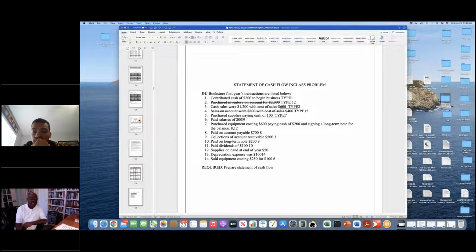Pay salaries of $200. This is a type 9. We're going to keep it. Purchase equipment costing 600, paying cash for 200, and signing a long-term note for the balance.